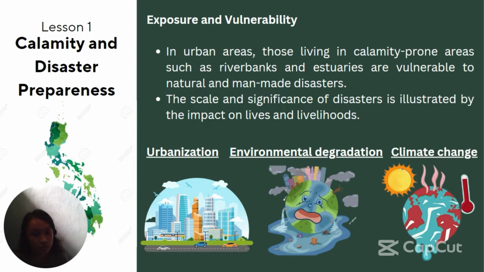And then number 2 na exposure and vulnerability sa urban areas kay ang environmental degradation. So from the word degradation, so meaning gaka-deplete ng atong natural resources, and then one causes of that kay gina-destroy nato tong environment.